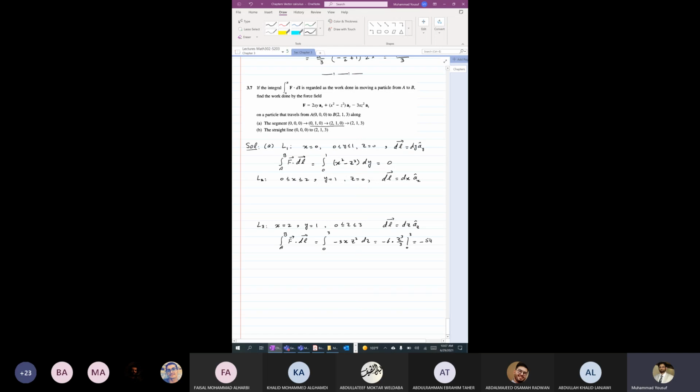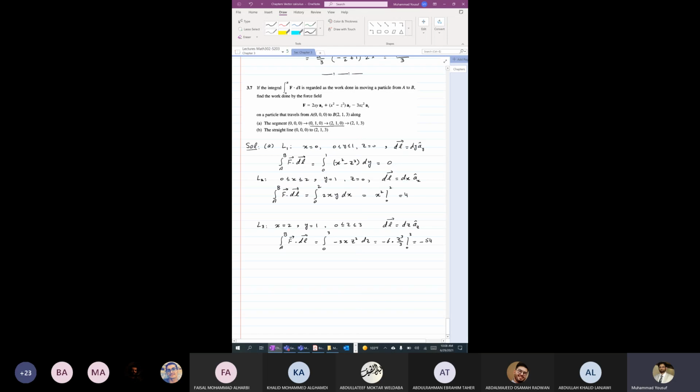Now we take the dot product in evaluating a to b, f dot dl. When we take f dot dl, what is left? dl has only dx ax. So this dx is multiplied by the first component, which is 2xy dx. So this is the dot product. Here y is 1 and x is variable from 0 to 2. Y is 1, so it is x squared from 0 to 2.